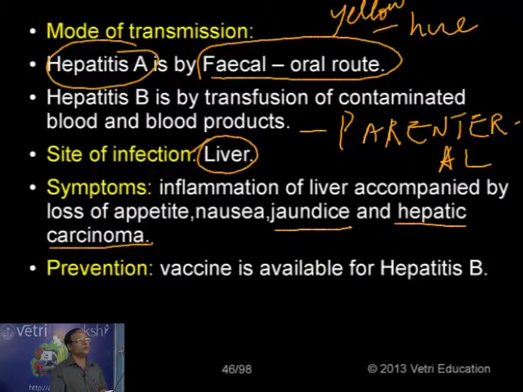For HBV, a vaccine is available, one which contains an Australian antigen. That one is prepared apparently from an immune individual. So the vaccine is available.